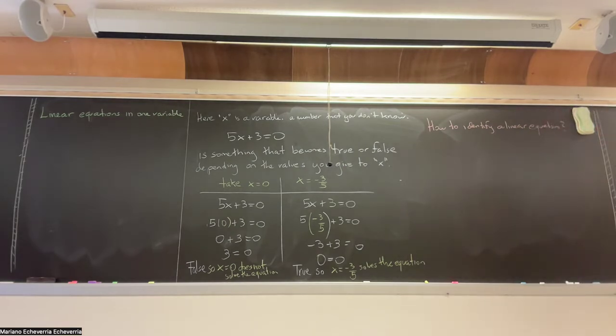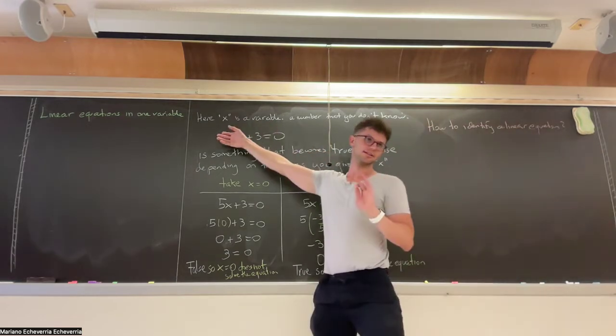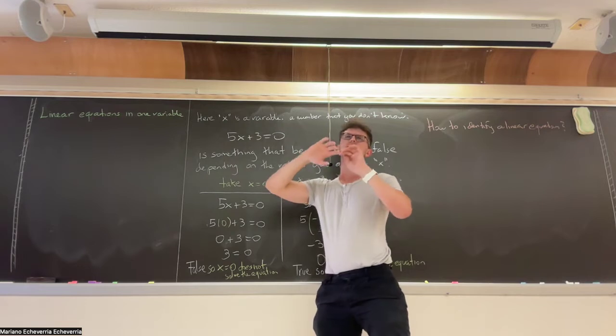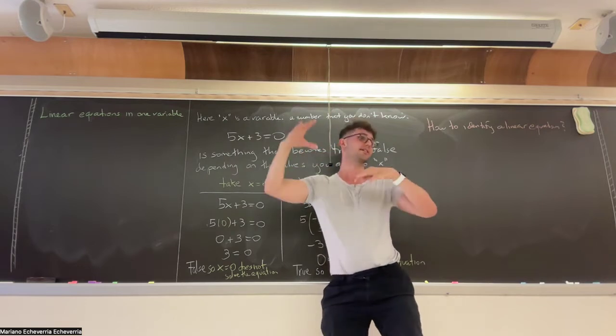Okay, so what happens for a linear equation is that the variable x can appear multiplied by some number. That's allowed, but what is not allowed is to have higher powers of x in the equation.